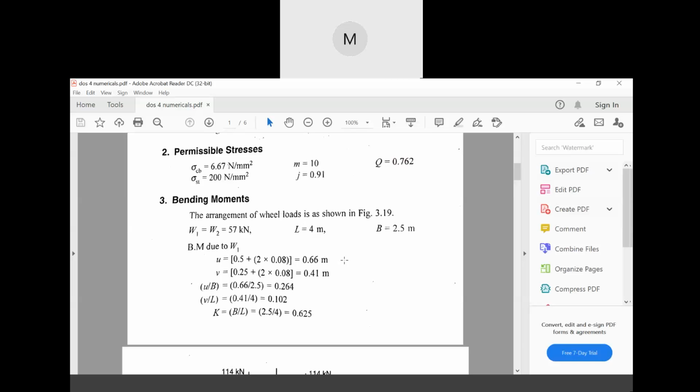For your convenience, you can just remember the small u and small v values for IRC class A loading, because the dimension of the wheel always remains the same. That is why you can just remember.